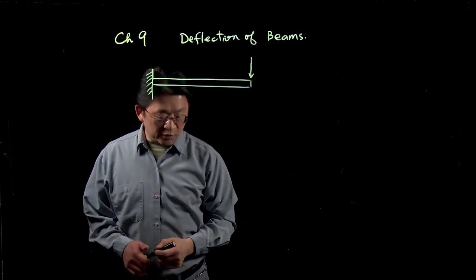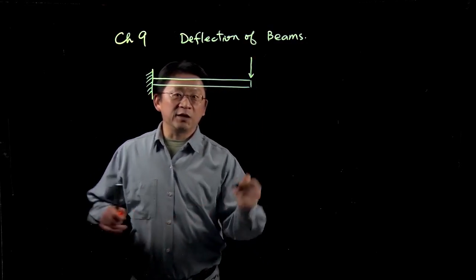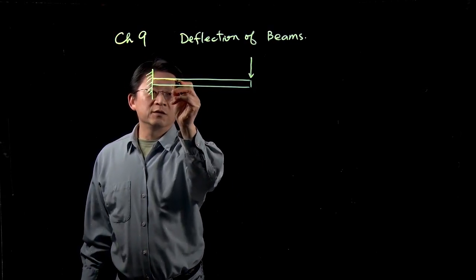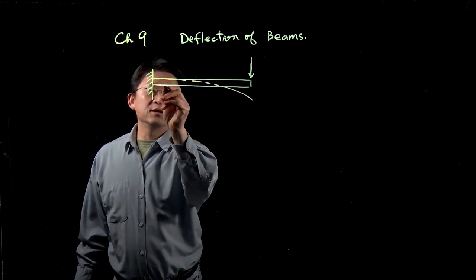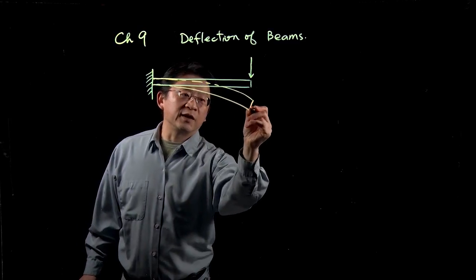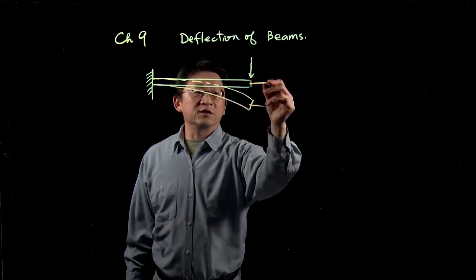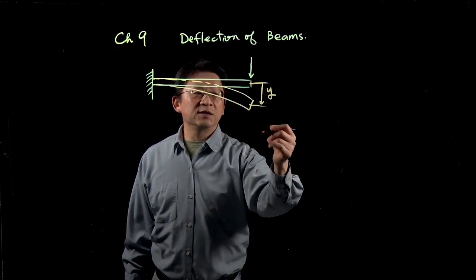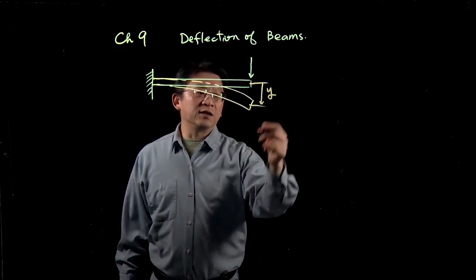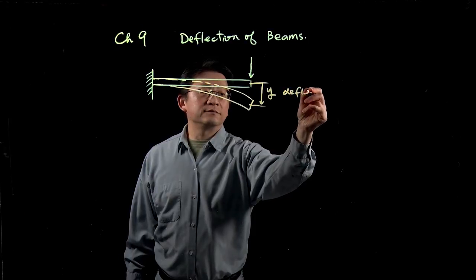Everyone knows that under this loading, the beam is going to deform and deflect into a shape like this one. If we take the middle point as the measurement, this is the diffraction at the free end, and this is what we call the diffraction.